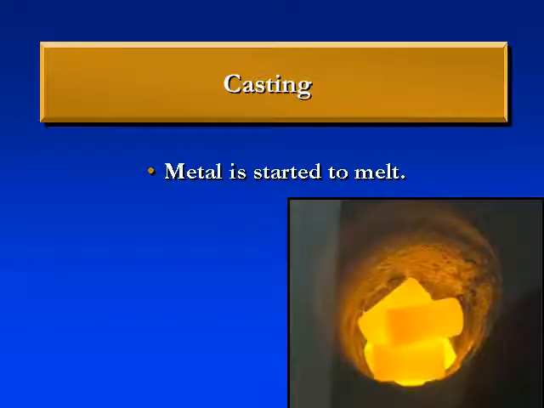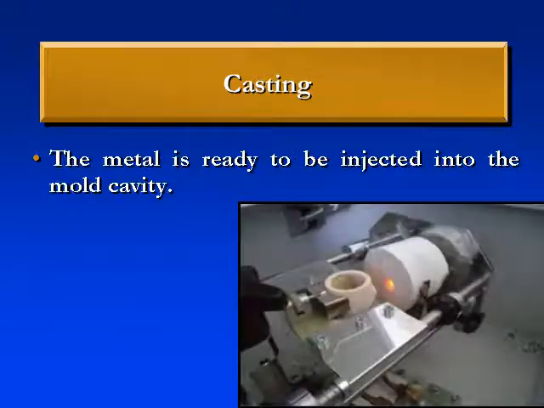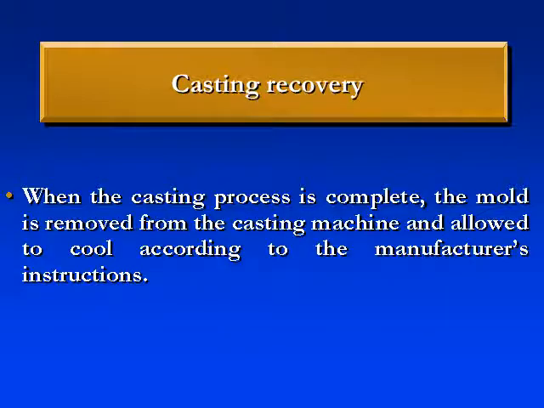By the effect of the temperature, the metal starts to melt and converts from the solid state to the molten state. The metal is now ready to be injected into the mold cavity as quickly as possible. When the casting procedure is completed, the mold is removed from the casting machine and allowed to cool for a specific time and with a device according to the manufacturer instructions and recommendation.